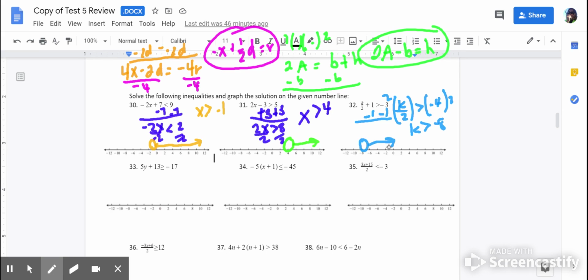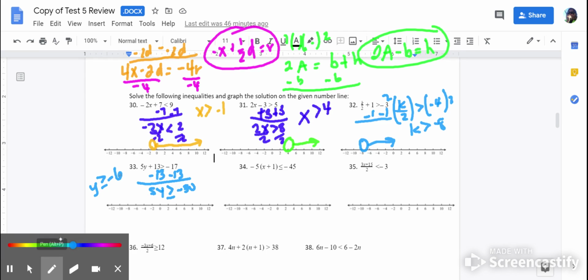greater than numbers are to the right. For 33, I'm going to start by subtracting 13 from each side. Notice I have negative 17 minus 13, which gives me 5y is greater than or equal to negative 30. When I divide each side by 5, I don't have to worry about flipping my sign. It's positive, but my answer becomes negative 6.